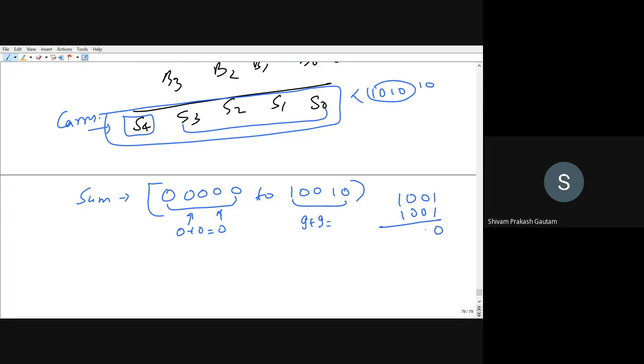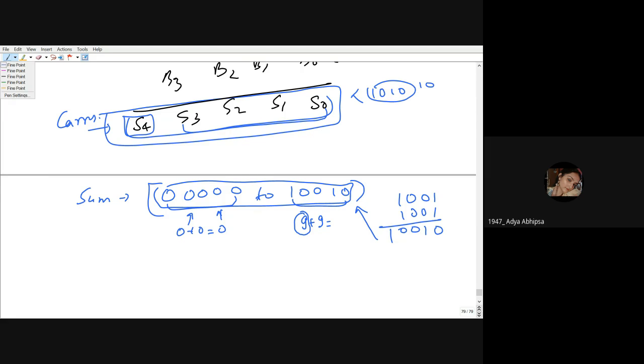So this will be 1 0 0 1 0. So you can see if both the numbers are 9, because 9 is the maximum number which BCD can represent, we are taking the maximum possibility. So if both the numbers can be 9, this number can be produced. So our sum, this 5-digit number, can range from 00000 to 10010. Is this clear? What is the range?